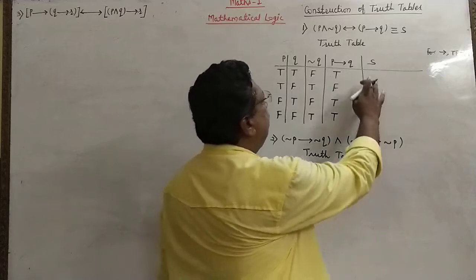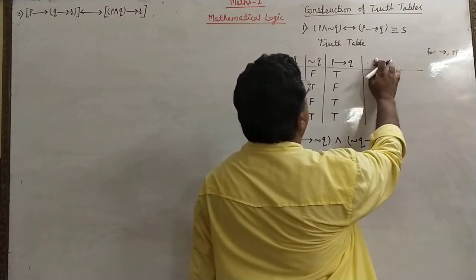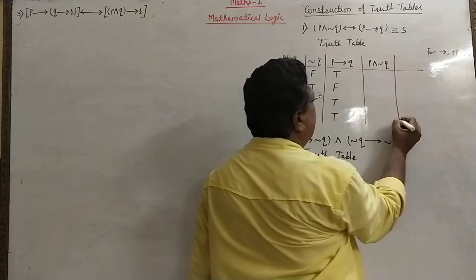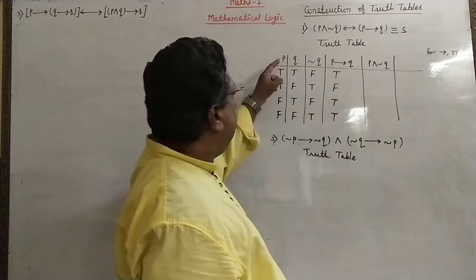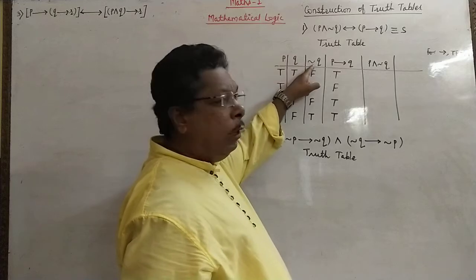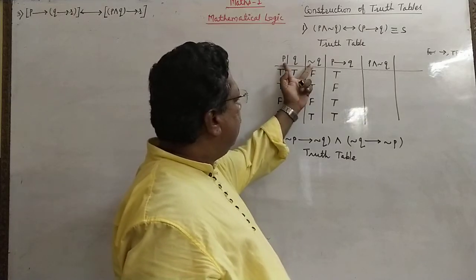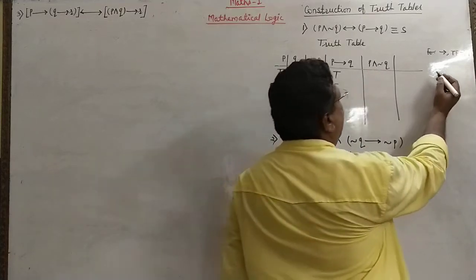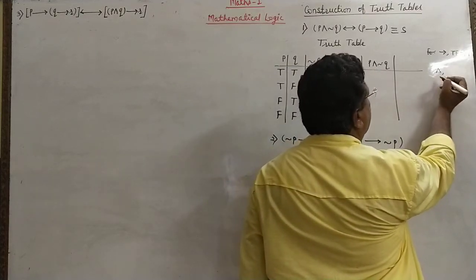Next column is P and negation Q. Now see, P is the first column, negation Q is the third column. In between first and third column, connective is AND. What is the requirement for the connective AND?